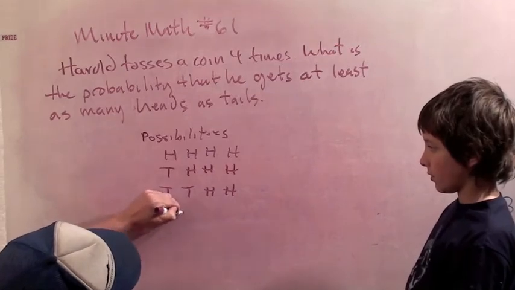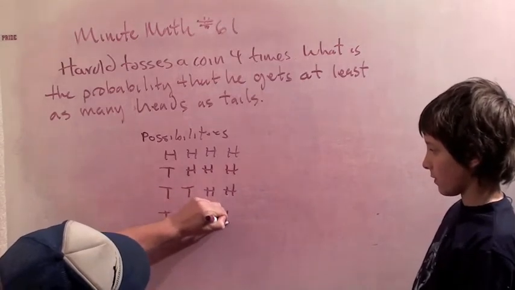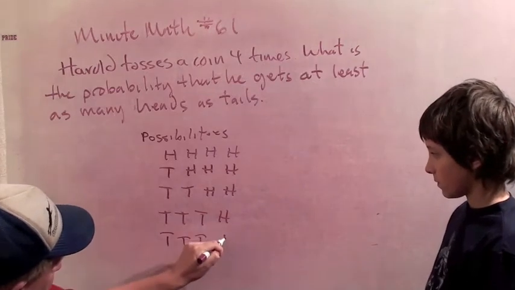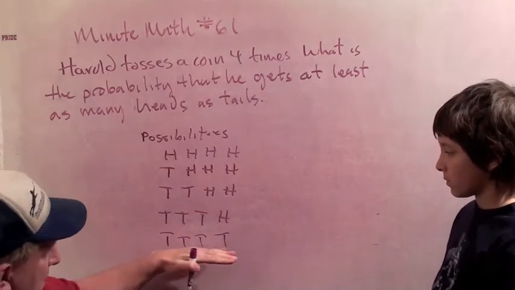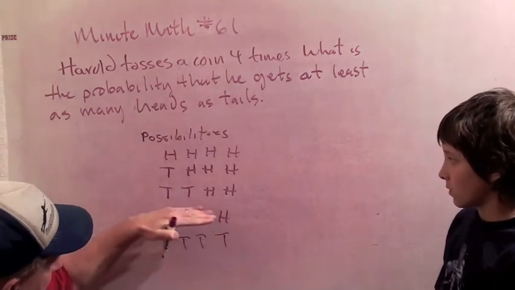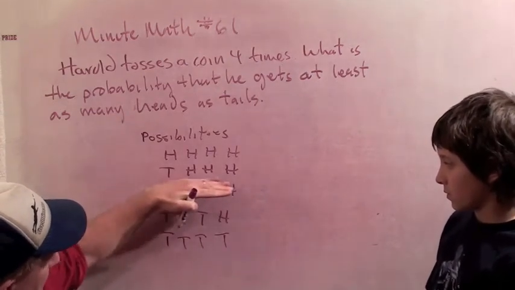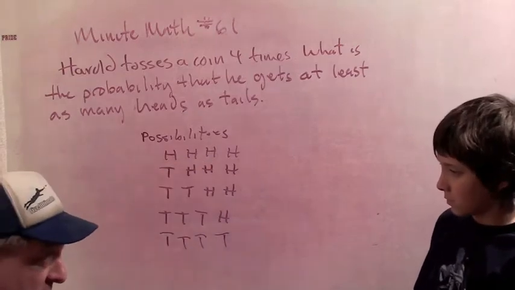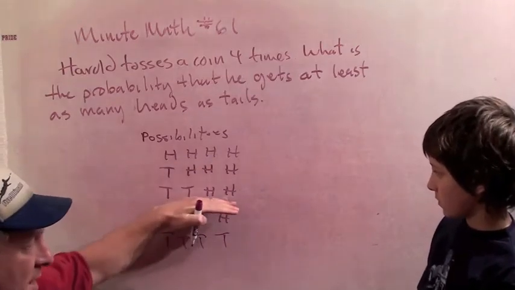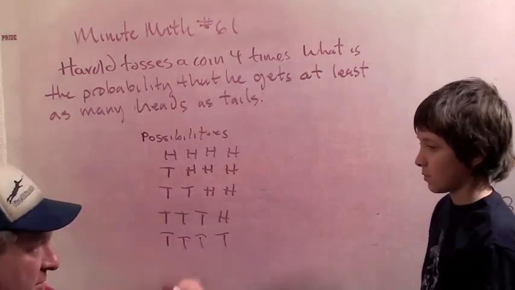Does head, tail count as something different? Yeah, it does. So these are the different ones you can get, and the order will matter here. So you can get 4 tails, 3 tails and a head, 2 tails, 2 heads, 1 tail, 3 heads, and 4 heads. But there's lots of different ways you can get each of these. Instead of getting tail, head, you could get head, tail, for example.